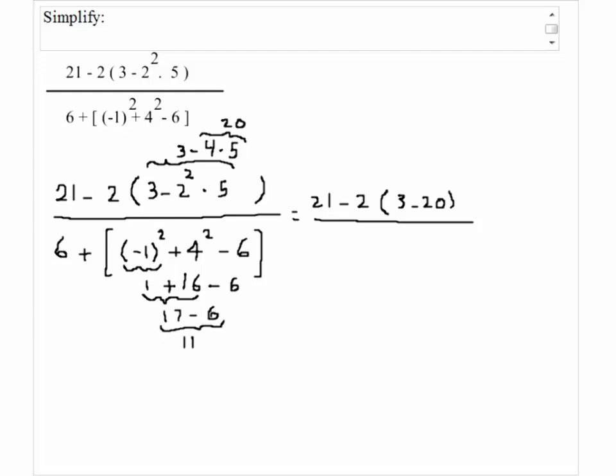So we'd have 6 plus 11 for the denominator. So here we have 3 minus 20, which is equal to negative 17.